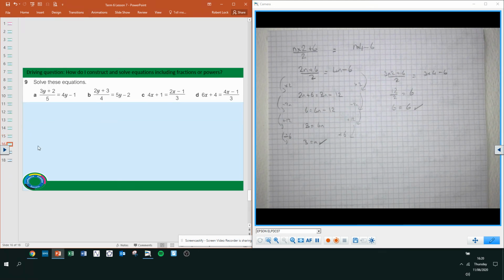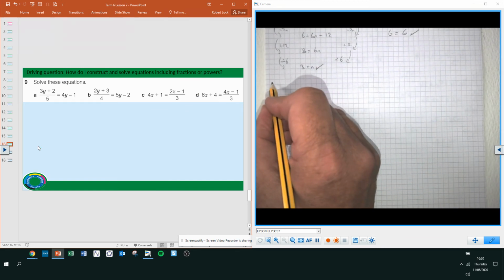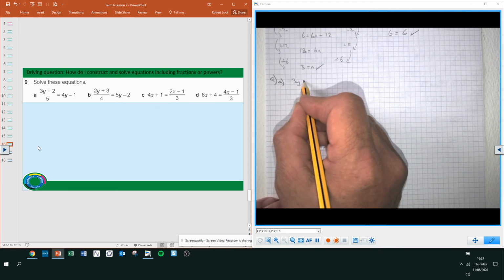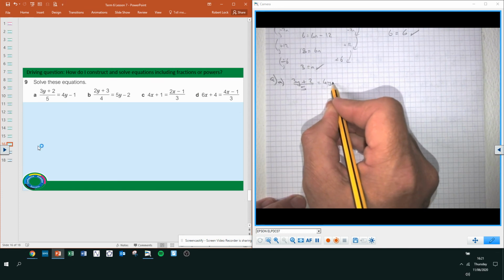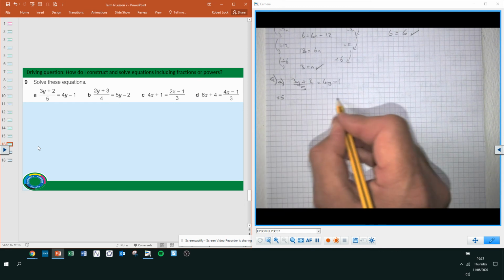9. Solve these equations. 9a. 3y plus 2 divided by 5 equals 4y minus 1. Times both sides by 5.